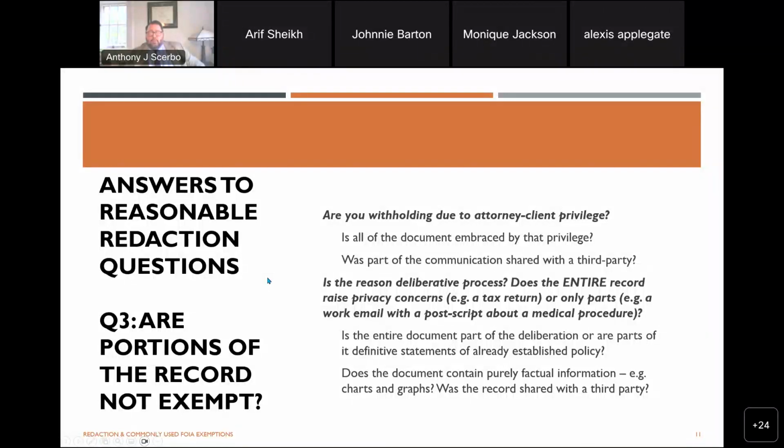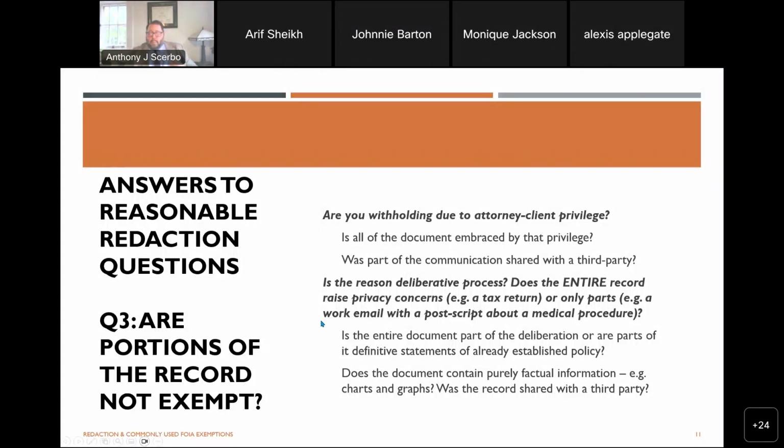Is the reason deliberative process? So again, one of the exemptions we're going to talk about more fully in a moment. If it's a deliberative process exemption, does the entire record raise privacy concerns, again, such as the tax return, or only parts?